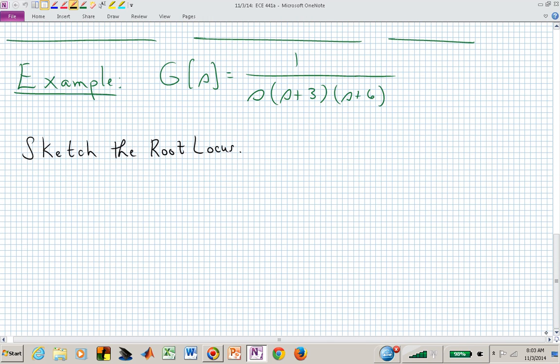To get us started, to warm us up, why don't you get started? I'll give you a couple of minutes to sketch as far as you can go, and really you can get a pretty good rough sketch of a root locus for this transfer function g of s. It has 3 poles, and that's all I will say. And now I'll give you 2 minutes to sketch the root locus for that g of s. Go.